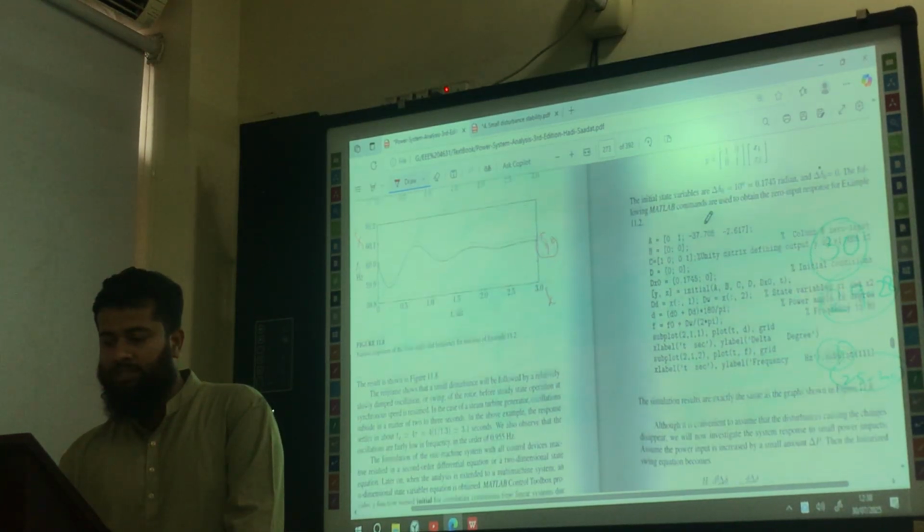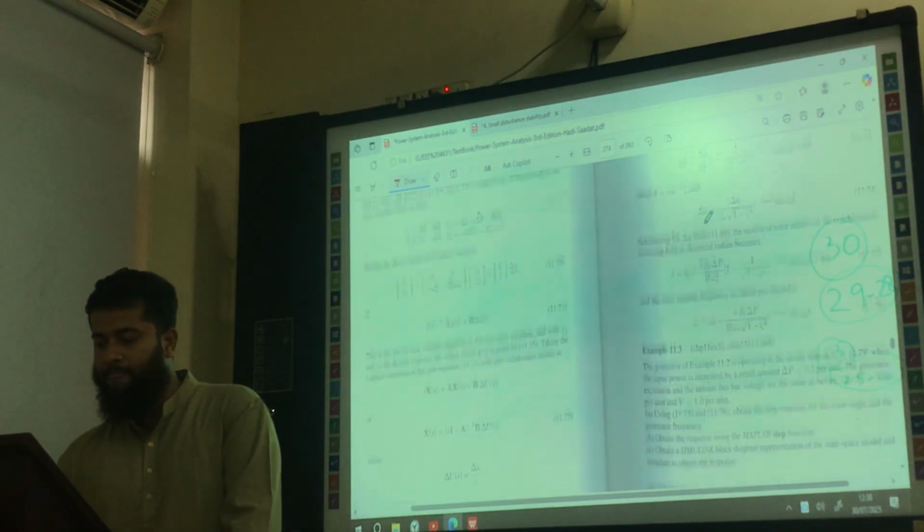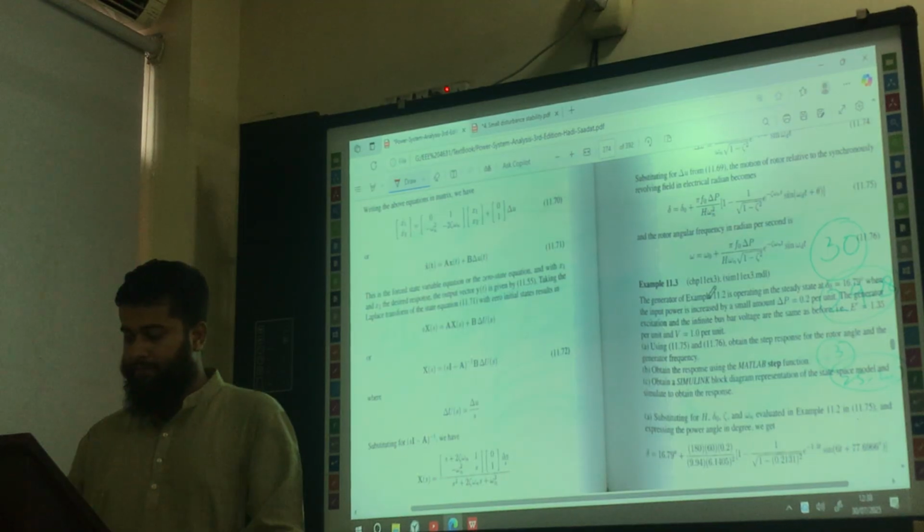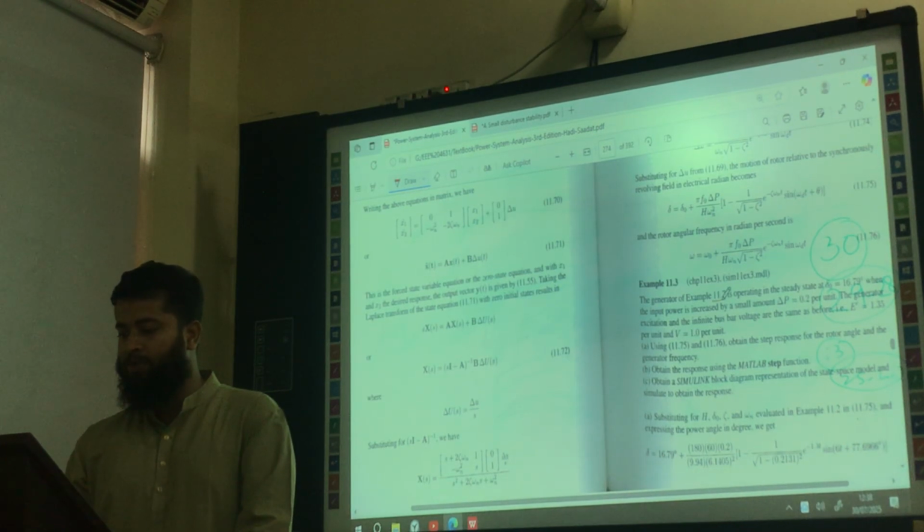Now the next example is 11.3. Here actually all the parameter values are taken from the previous example 11.2. Look, the delta naught we calculated in 11.2 using some steps, but here it is directly used. And here the disturbance is given by this thing.